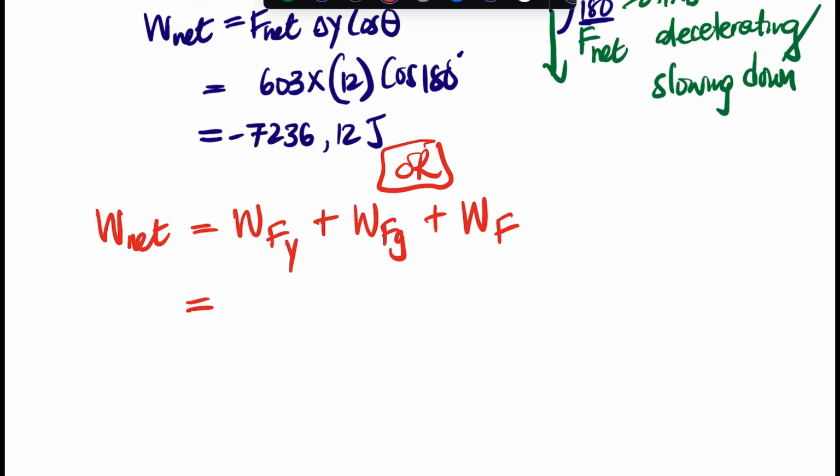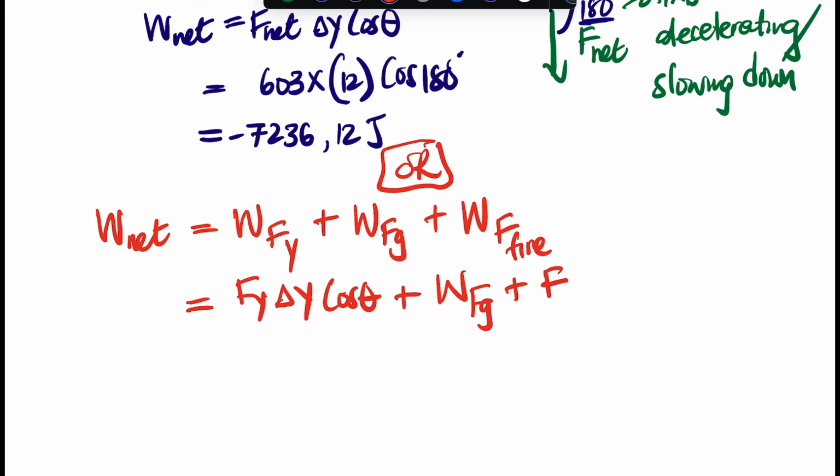So the work done by the Fy, it's going to be Fy change in y cos theta, plus the work done by the gravitational force, which we already asked in the first question, plus the work done by the force of fire.